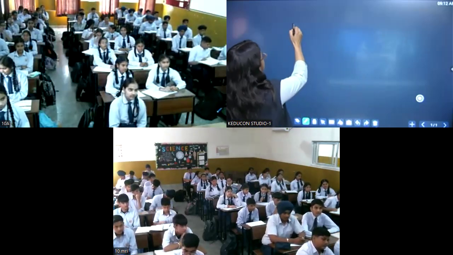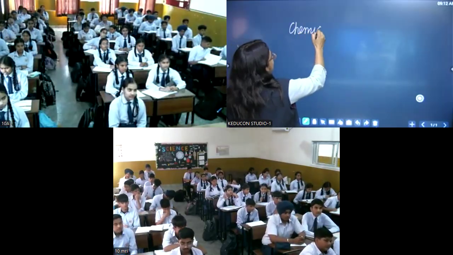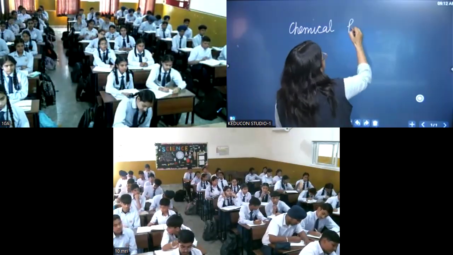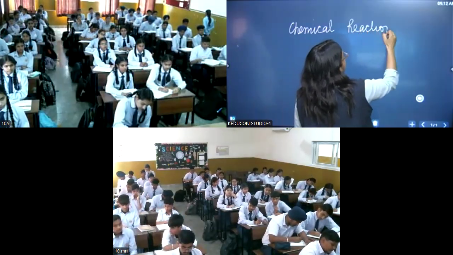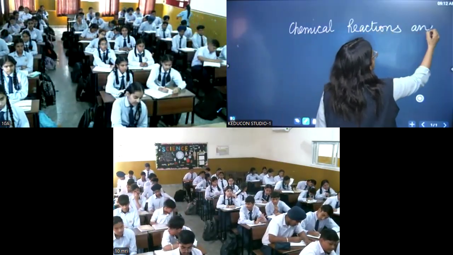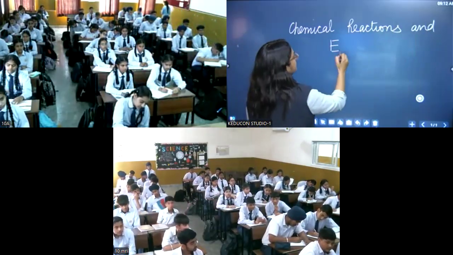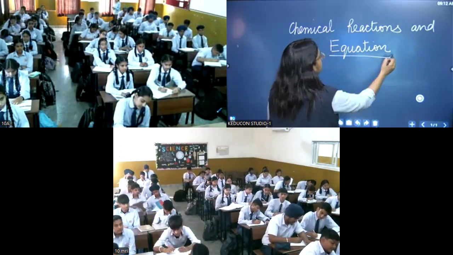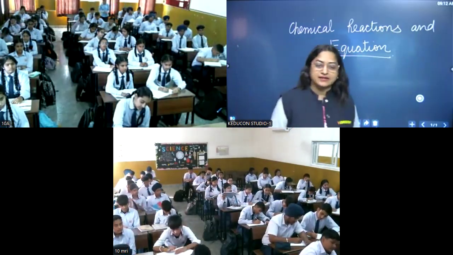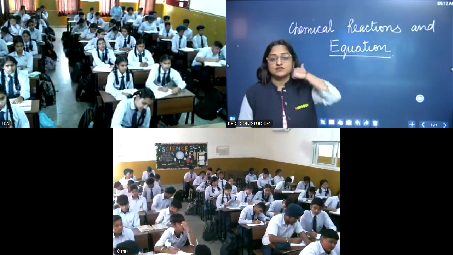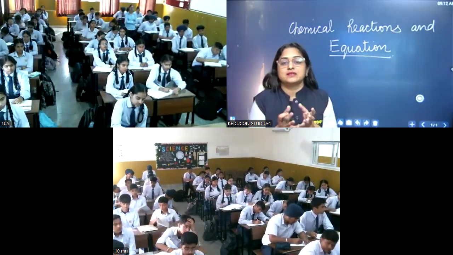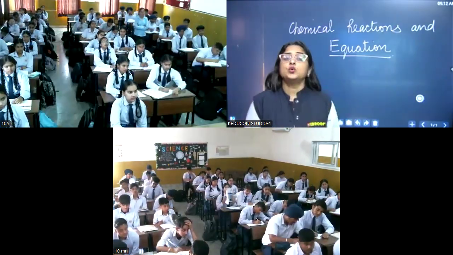So our chapter is chemical reactions and equations. What is there in a chemical reaction? We call it a chemical reaction when some reactants react to form some products and something new is formed.